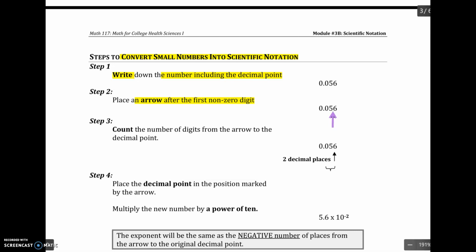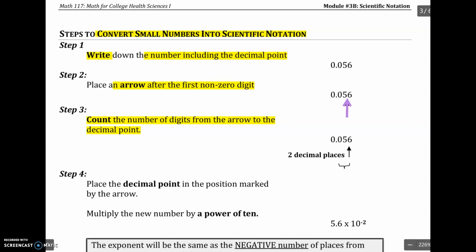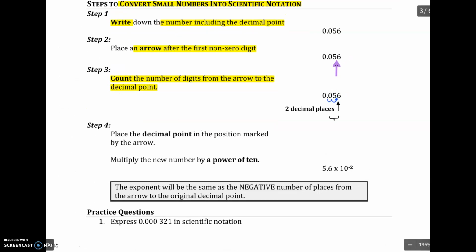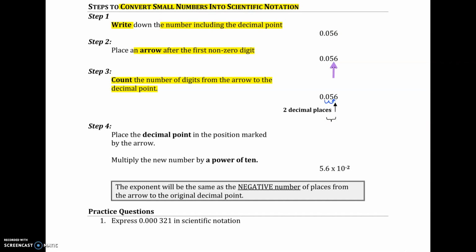I will do the same thing again, count the number of digits from the arrow to the decimal point, or as I was doing earlier, physically think about how that decimal place is going to move. 1, 2, 2 places.